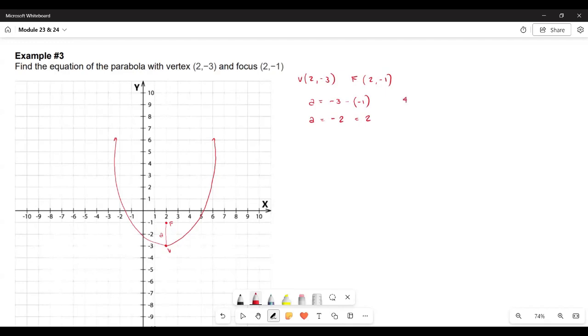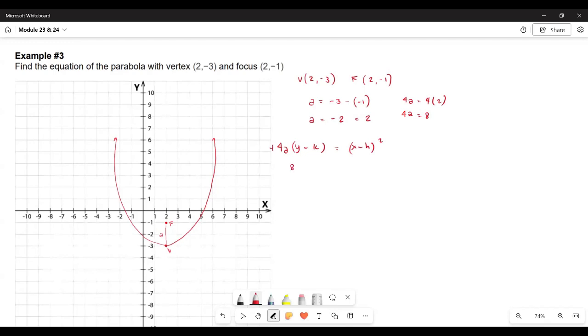So kailangan natin yung 4A. So 4 times 2 is A is equal to 8. Okay, so kanina meron tayong y minus k. Okay, tapos meron kang 4A dito is equal to x minus h squared. Since upward ang ating parabola, positive lang yung gagamitin natin. Right?